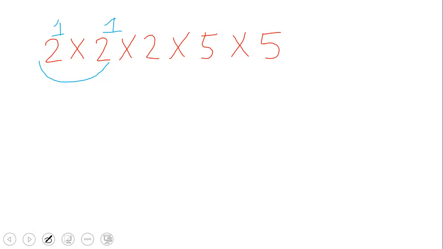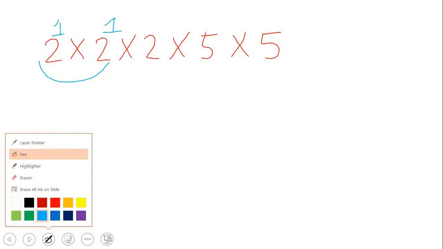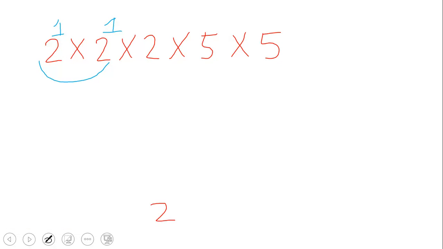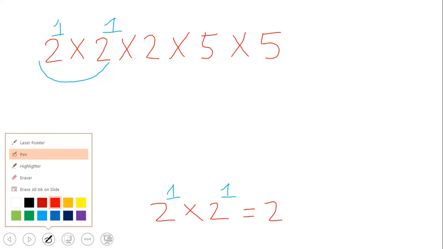We would have 2 raised to the power of 1 times 2 raised to the power of 1. And that would equal 2 to the power of, we add the powers.